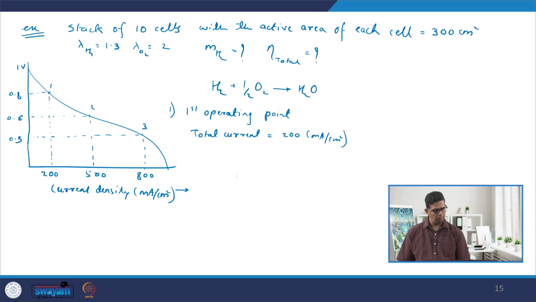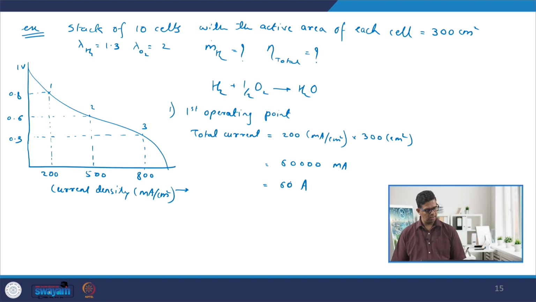So, we need to find the current in amperes, so we need to also multiply with the area of the one cell, which is 300 centimeter square, and since the entire amount will be in milliamperes, this will be 6 with 4 zeros, 60,000 milliamperes. So, that will be around 60 amperes of current.